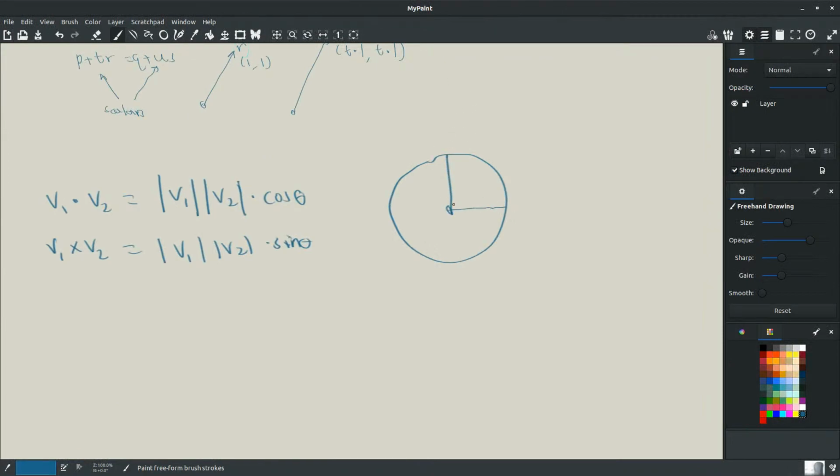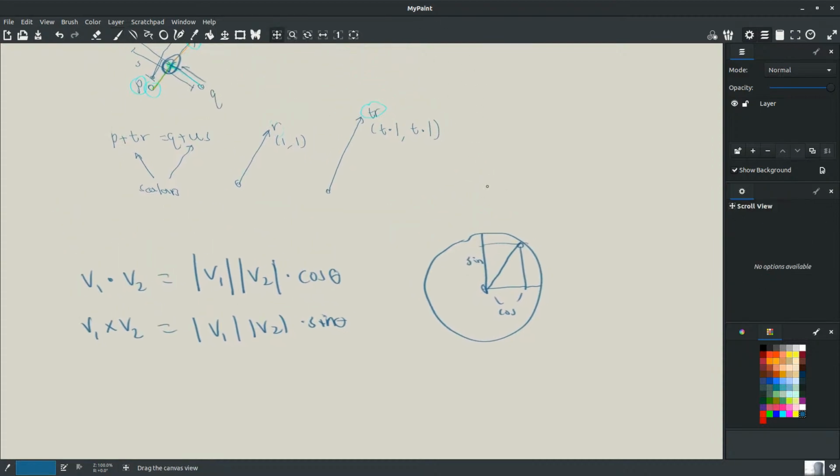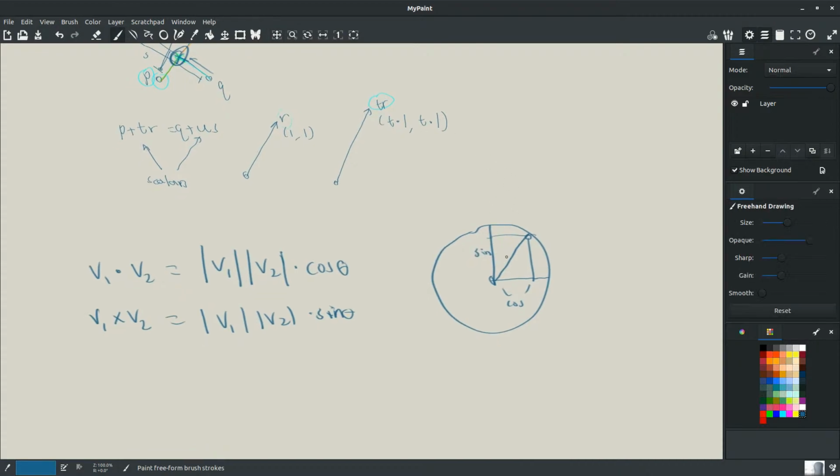with our circle, cosine gives us our x position here. So this is our cosine, and this is our sine over here, right? And so if our sine is 0, then that means it's along here, right?